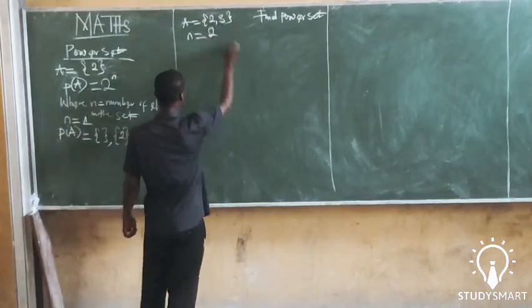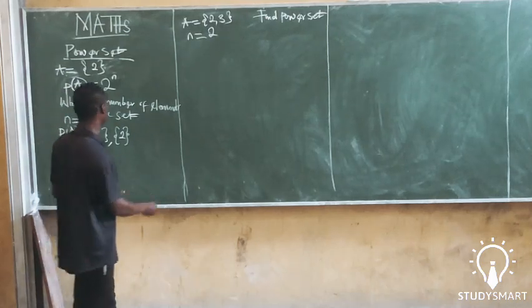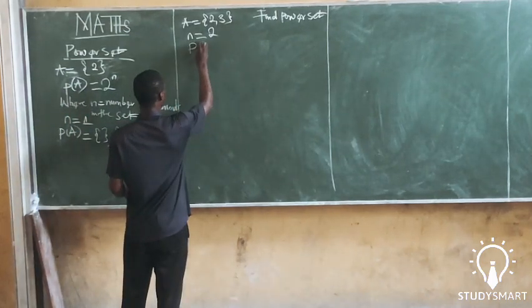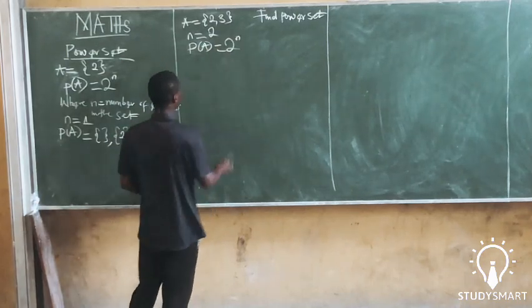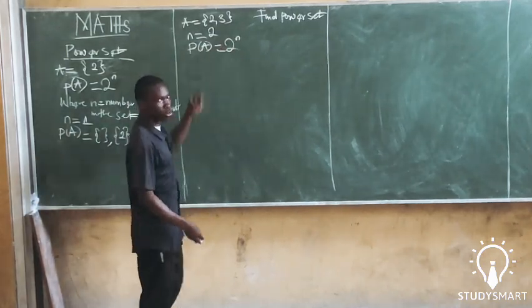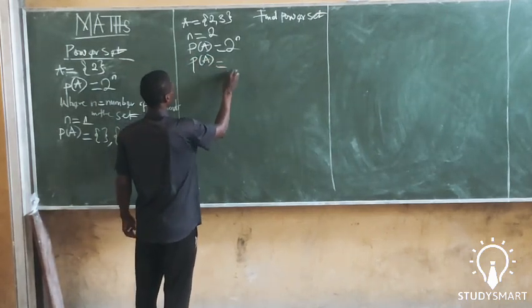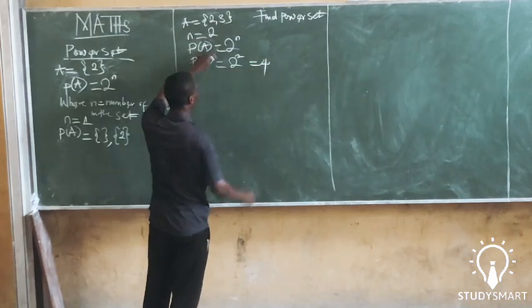So from our formula or representation of the power set, we have that the power set of A will be equal to 2 raised to power n. And n here is 2. So the power set of A will be equal to 2 raised to power 2, which is 4.